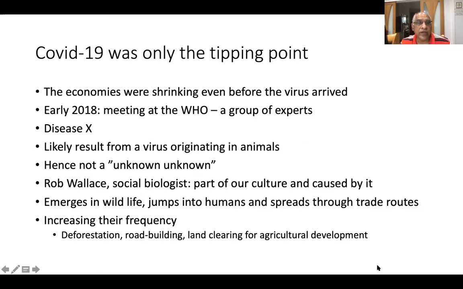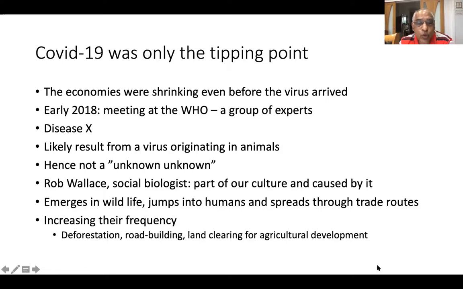In early 2018, at a meeting of the WHO, World Health Organization, a group of experts discussed that disease X is likely to come, and this is likely to originate in animals. So this unknown disease X, we can say, is COVID-19. Rob Wallace, a social biologist, has suggested that the way these pathogens, viruses or pandemics originate is part and parcel of our culture, and it is caused by it.